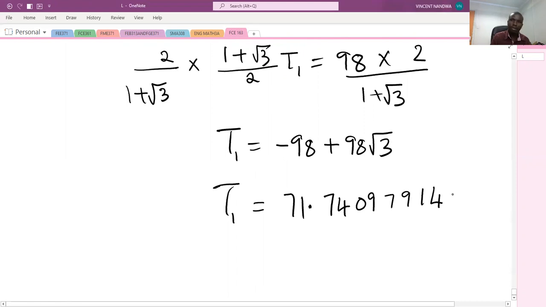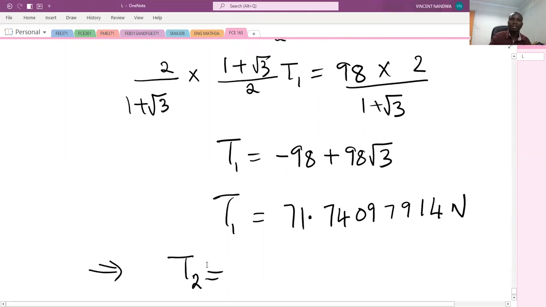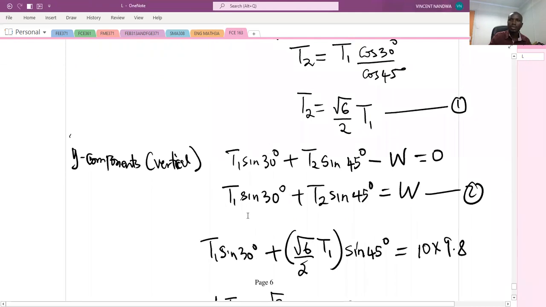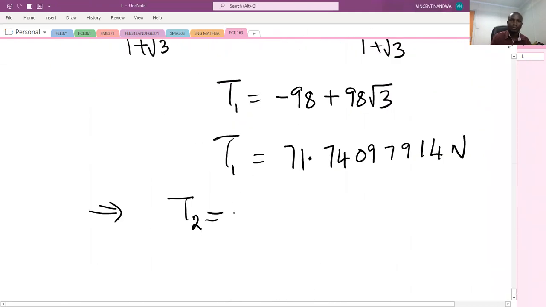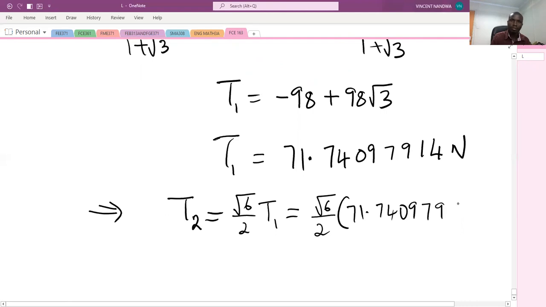71.74097914 newtons. So which means T2 will be given by, T2 is root 6 over 2 T1, which will be root 6 over 2 times 71.74097914 newtons.